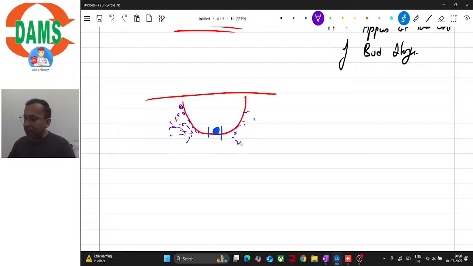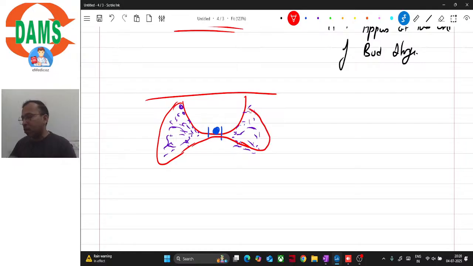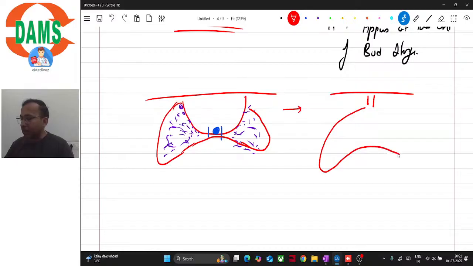Cells are proliferating everywhere else except this particular area. So what will it lead to? As you can notice, there is a change in the shape of this tooth bud. From the bud stage, where it looks like a bud, its shape would change, and as its shape changes, it draws a stalk-like extension from the dental lamina.